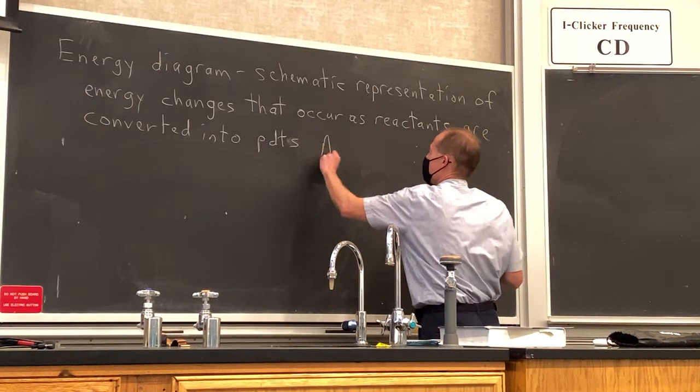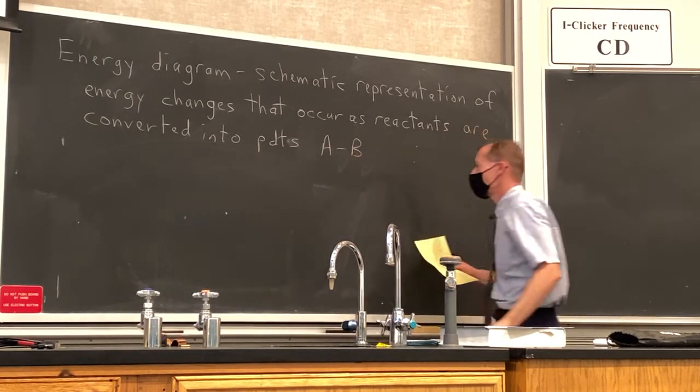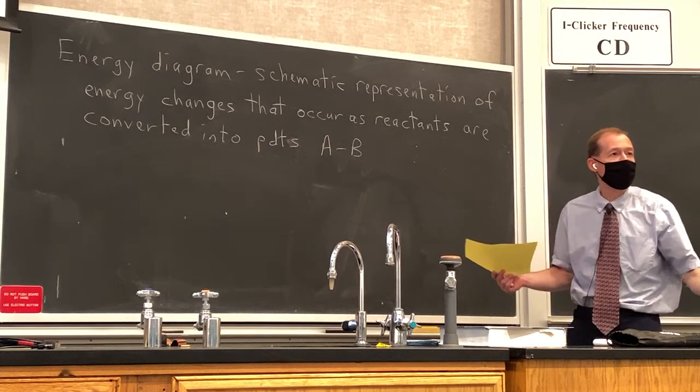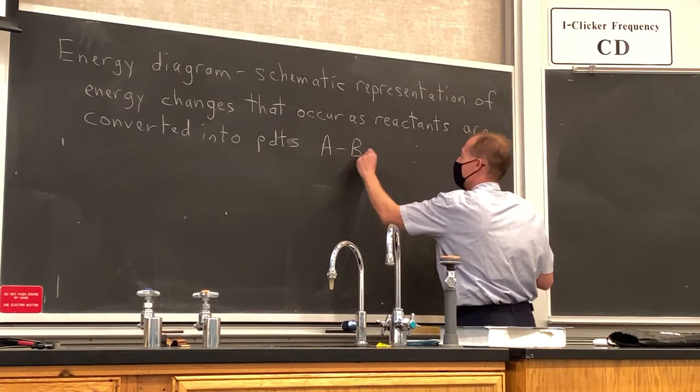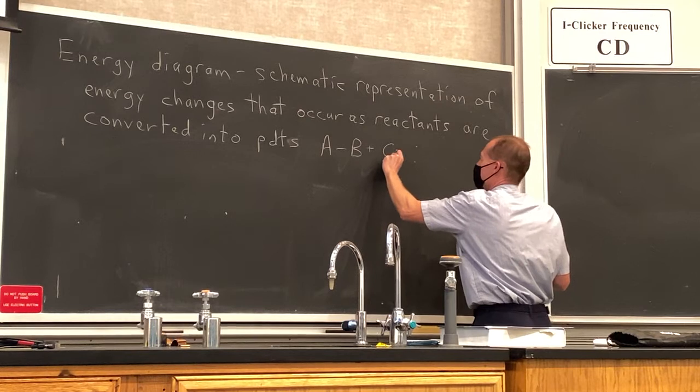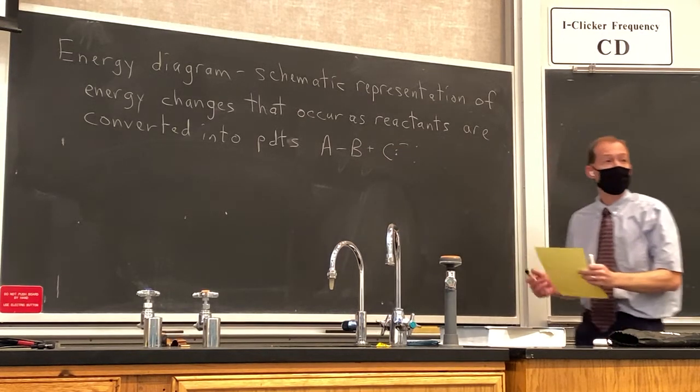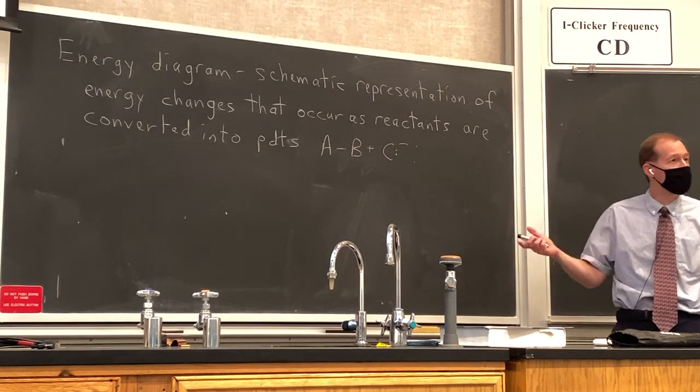So let's look at a sample reaction. We're going to take a reactant AB and react AB with C minus.